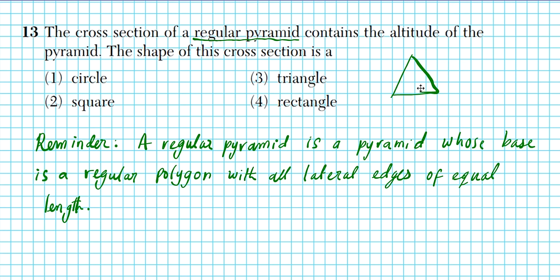You clearly see that from the side view, it doesn't matter what the number of sides the polygon at the base has, the side view will always give you the cross section, which will always be what? It is always going to be a triangle. It doesn't matter the number of sides that a regular polygon has at the base.